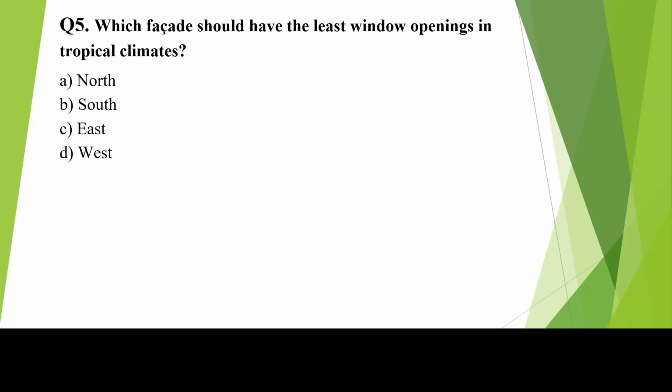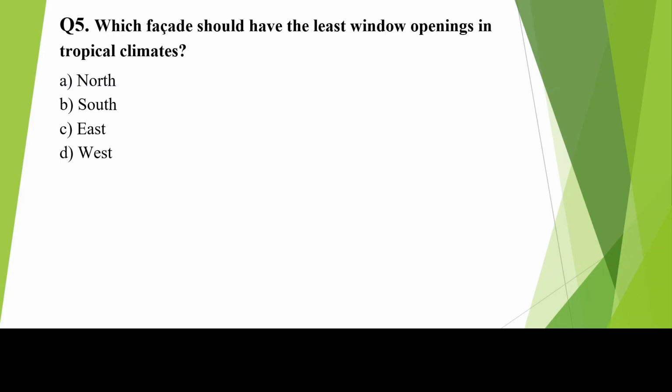Then question number 5. Let's see how many of you can answer it correctly. Question number 5: Which facade should have the least window openings in tropical climates? So if someone is residing in a tropical climate, which side?